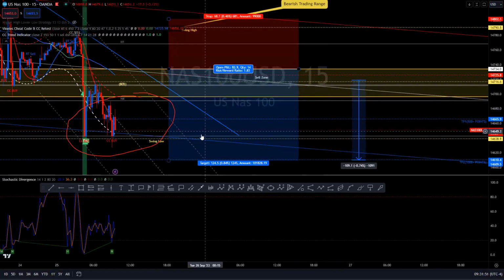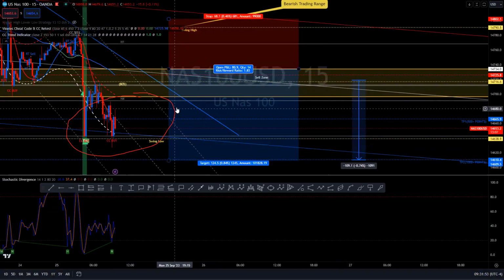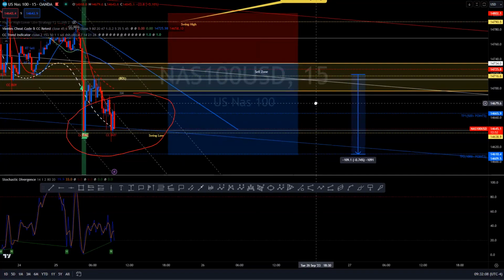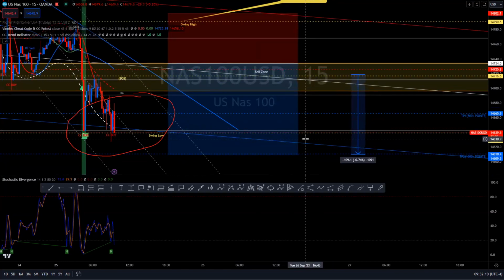So it's pushing down now because it's overall bearish, because that's what it's telling us. And now I'm about $27 in profit, almost 30. So there we go, almost 50. See that? CC trend indicator, love it. Almost $70 in profit.